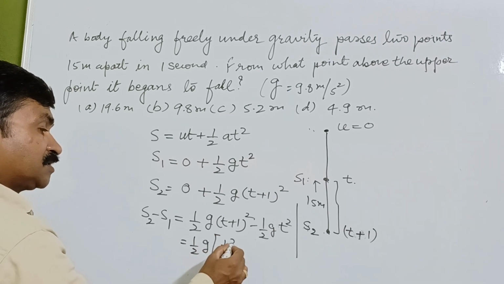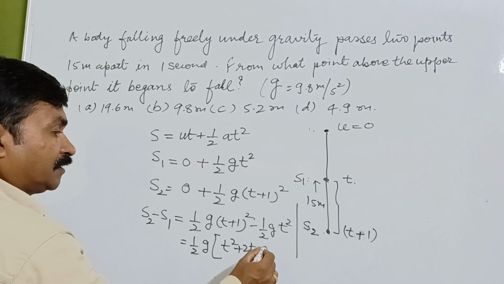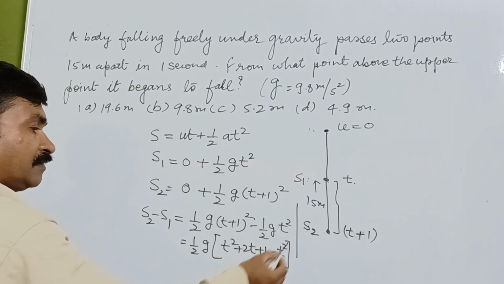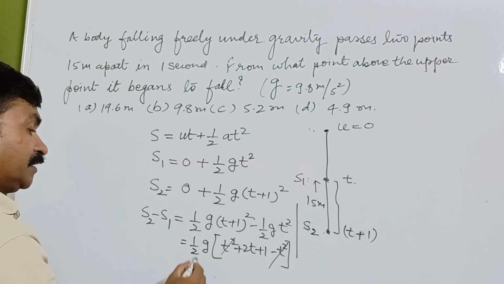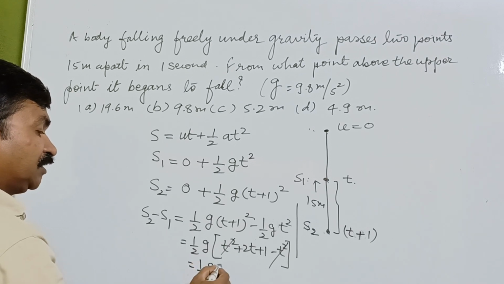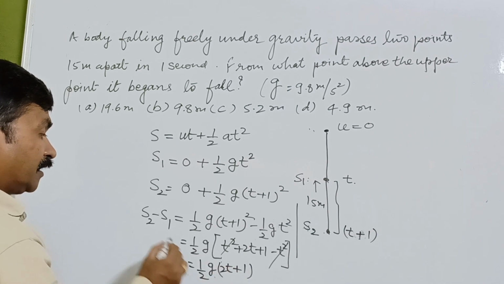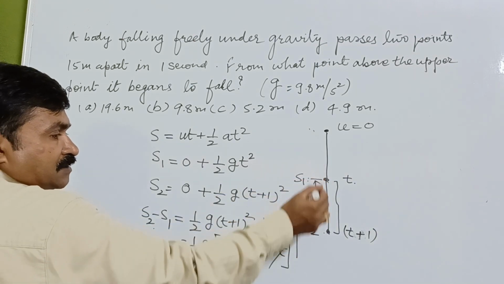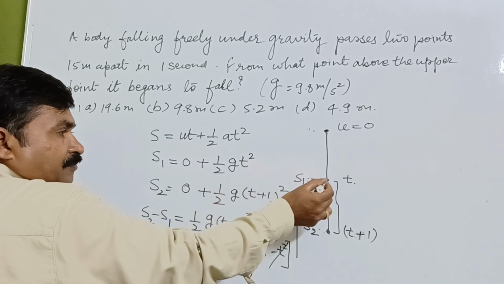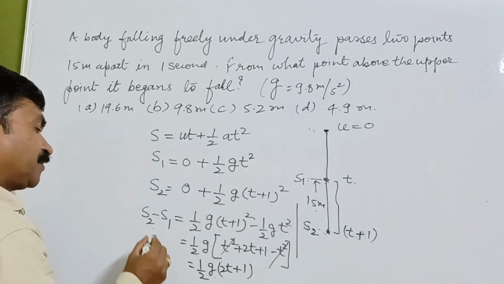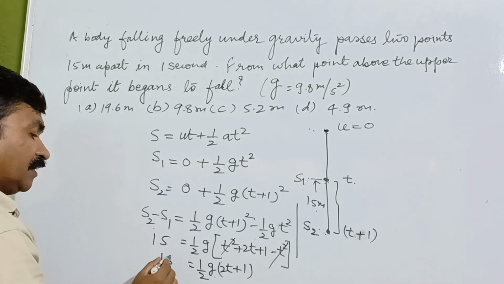It is t square plus 2t plus 1, minus t square. Now it is 1 upon 2 into g into (2t plus 1), and this S2 minus S1 means S1 up to this and S2 up to this. So S2 minus S1 will give the 15 meter.